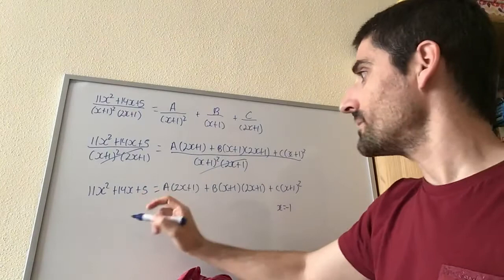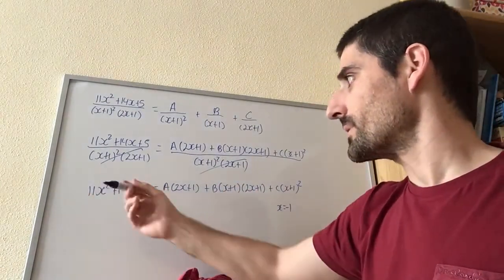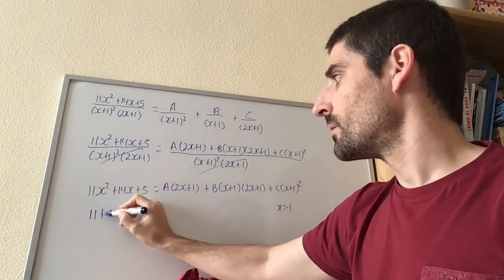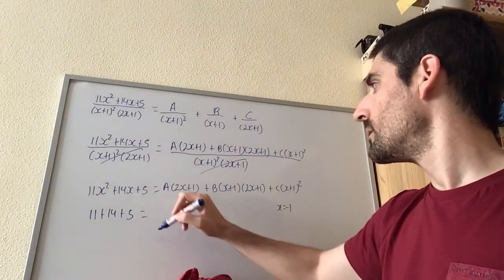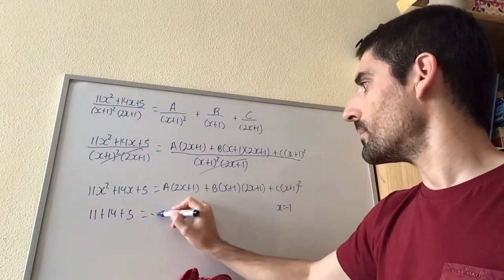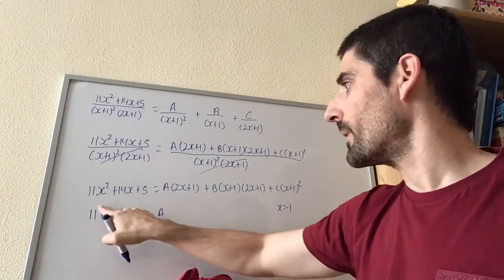So what I've got left is minus 1 squared is 1 times 11, I've got 11 plus 14 plus 5 equals minus a. That should have been a minus 14.